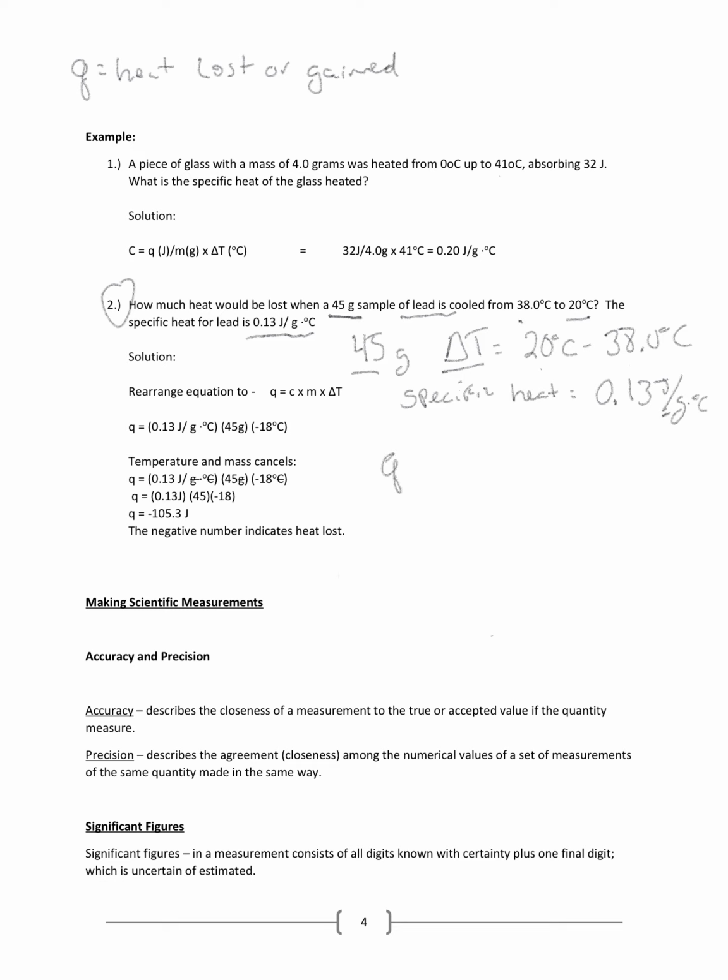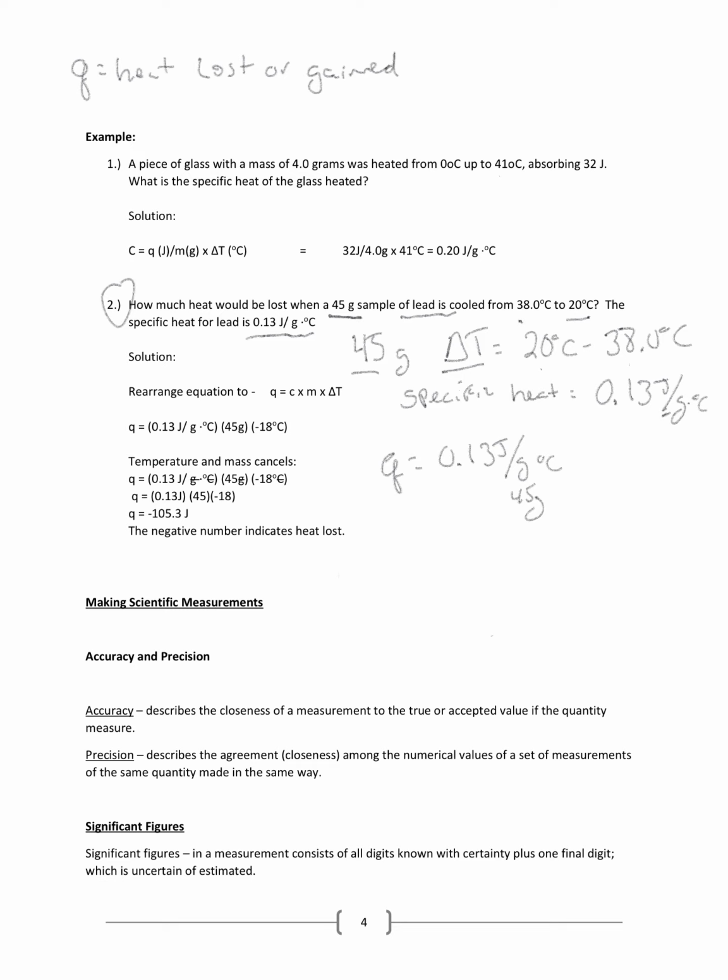So Q equals 0.13 joules per gram degree Celsius. And our grams are 45 grams. So what I'm doing here is the G for grams, I'm giving the value here, and then degrees Celsius.